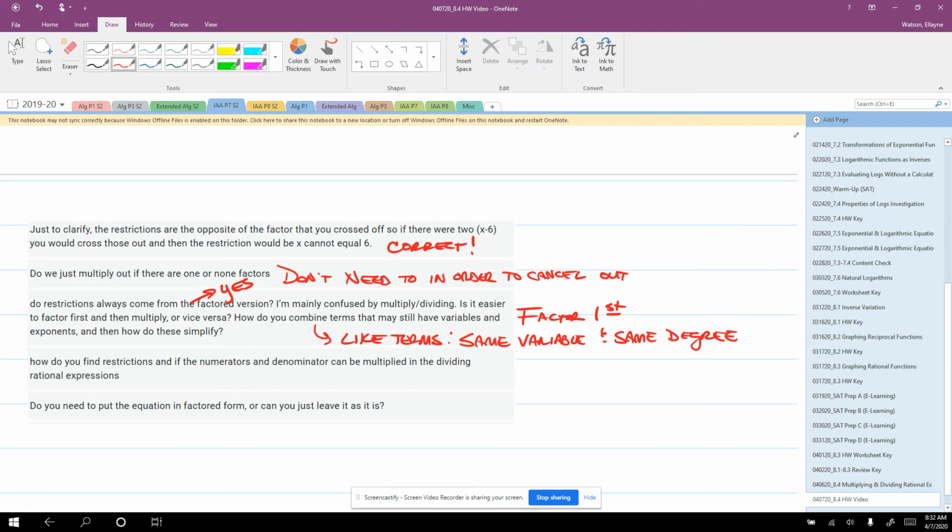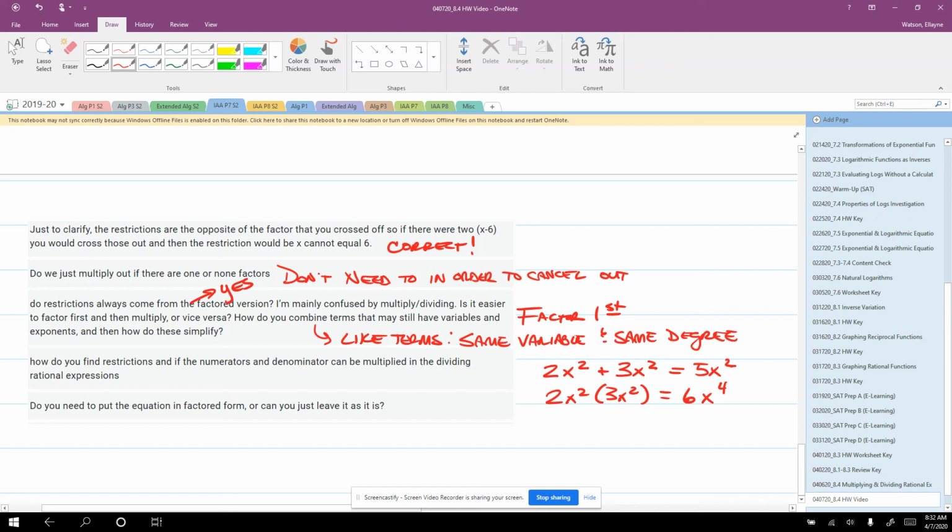So 2x squared plus 3x squared is going to be 5x squared, versus 2x squared times 3x squared. This is property of exponents. You do 2 times 3, which is 6. X squared times x squared, you add the exponents. So that's the difference there.